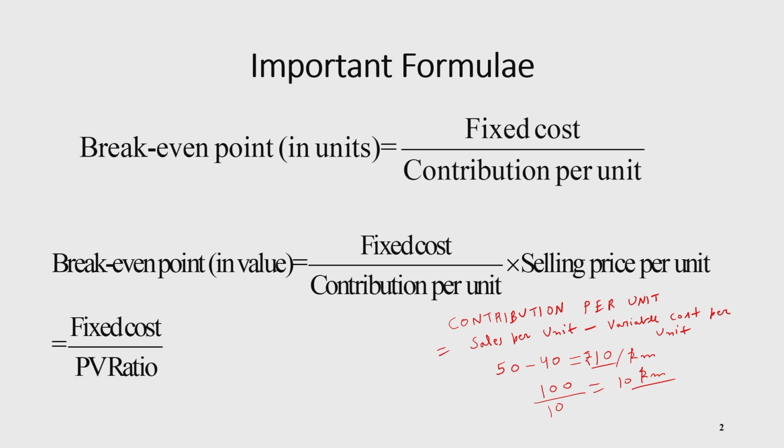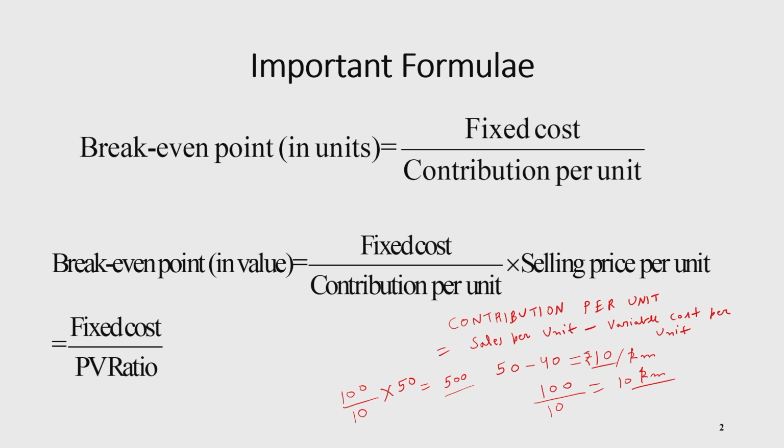Here the fixed cost is 100, contribution per unit is 10, and the selling price, that you are charging the customer, is 50. Therefore, it becomes 500. That means that day the customer has to give 500 rupees in total, value wise, that means you have to earn 500 rupees that day.